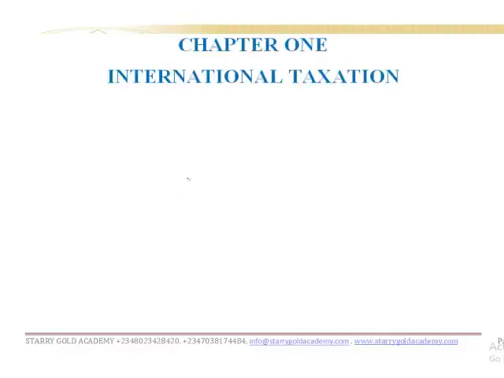Mind you, the syllabus or the course content might look quite voluminous, but I would like you to take your time, because we are going to be discussing how taxation is arranged, managed, and planned by multinational companies, and how each tax jurisdiction in a specific country relates with each other.